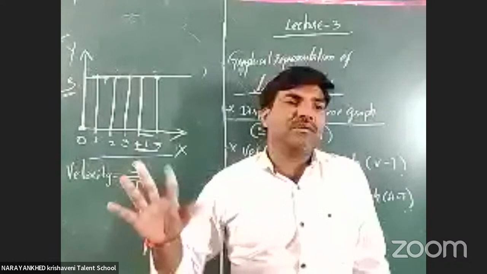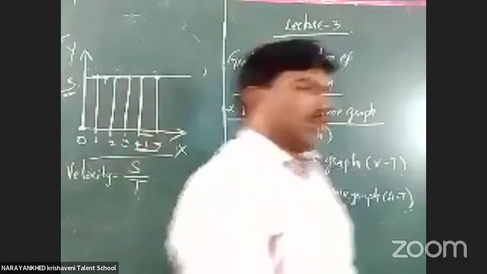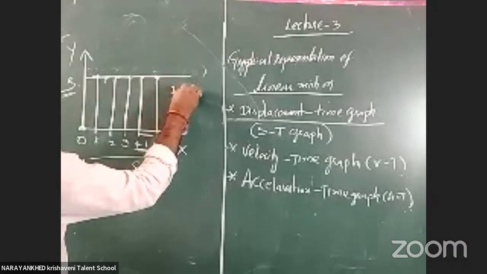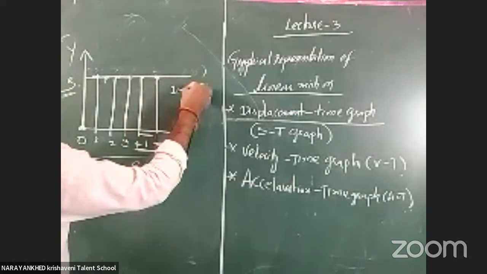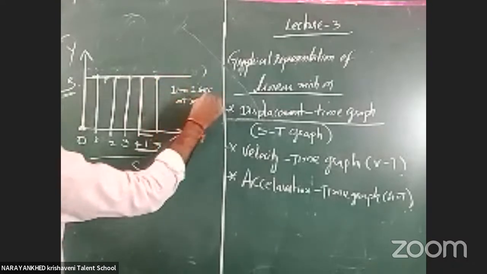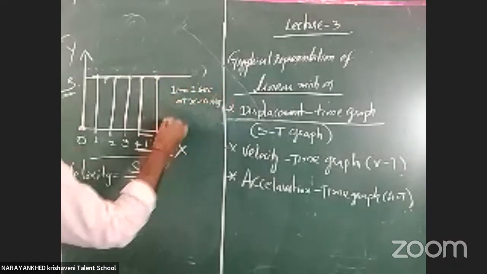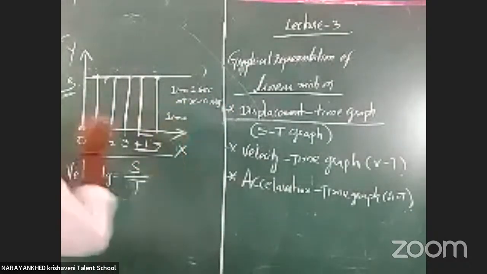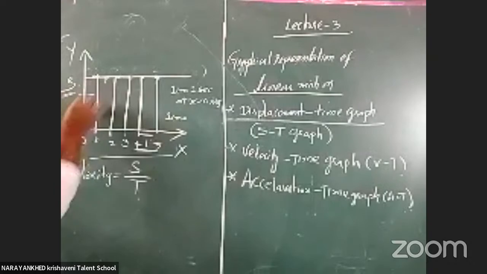Suppose on this particular graph, 1 centimeter is equal to one second, on the x-axis. You have to write it compulsorily. And as well, 1 centimeter is equal to, yes, the displacement is somewhat 2 meters, 4 meters, 6 meters like that.